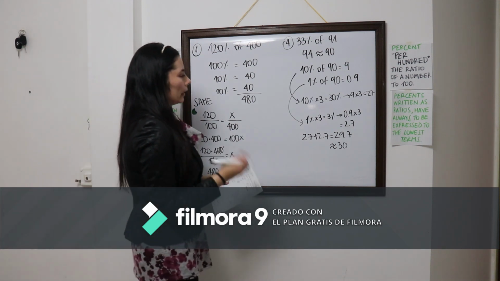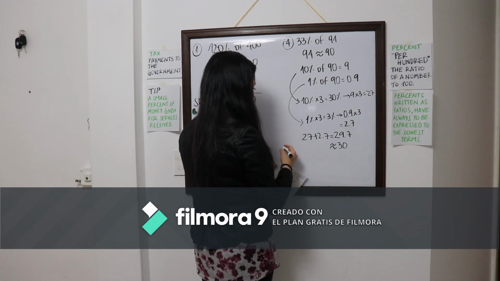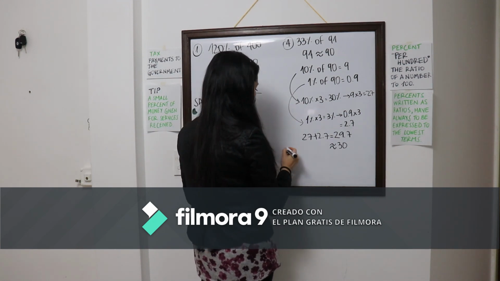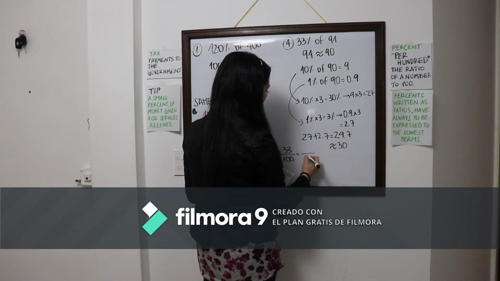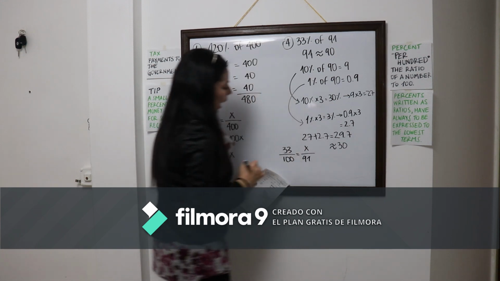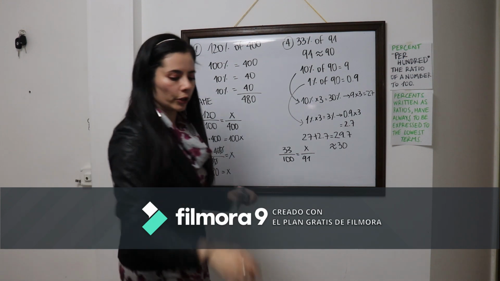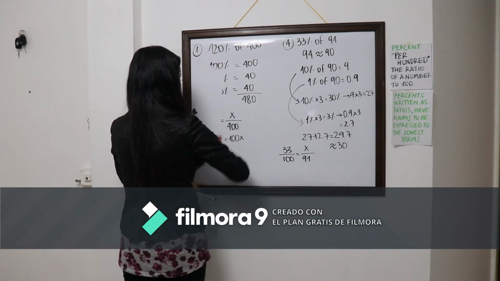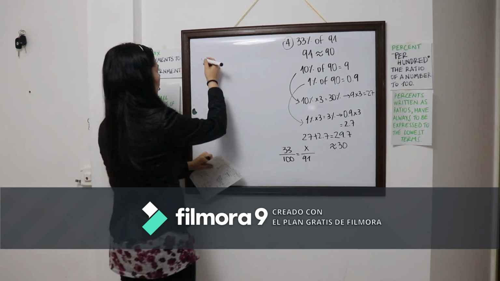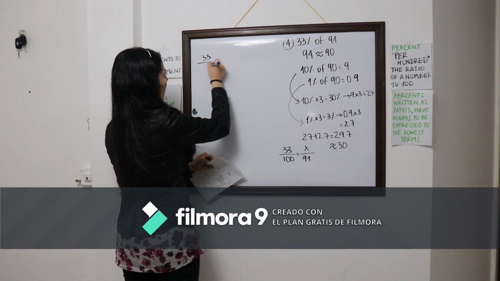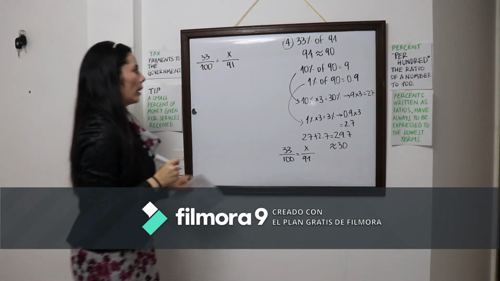And then I'm going to work with the actual percentage, which again has to be 33 out of 100. It's what of 91? I have to find that, right? You know what? I'm going to erase over here because it's probably too small on that side, so I'm just going to do it here on the side. So 33 over 100 is, out of 91, what?